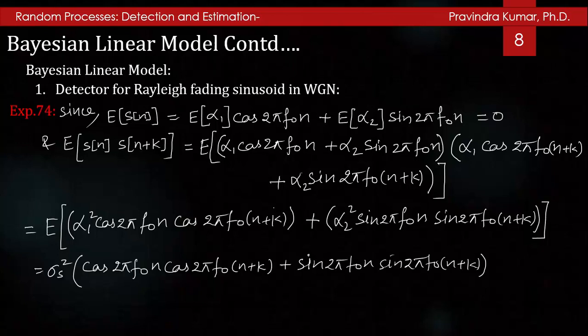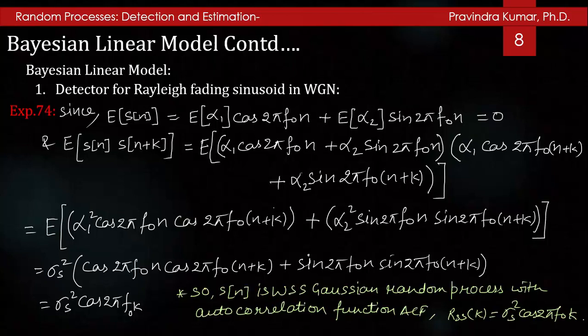This is equal to sigma s square times cos 2 pi f0 n cos 2 pi f0 (n plus k) plus sin 2 pi f0 n sin 2 pi f0 (n plus k), which equals sigma s square cos 2 pi f0 k. So Sn is a wide sense stationary Gaussian random process with autocorrelation function ACF sigma s square cos 2 pi f0 k.